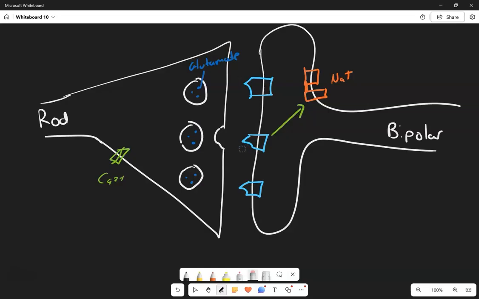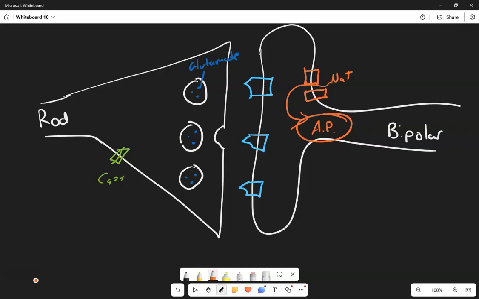The ligand cannot bind to that receptor. This signal transduction pathway does not happen, which means this gate does not get closed, and sodium can flow into the cell, and that's when we generate the action potential in the bipolar cell.